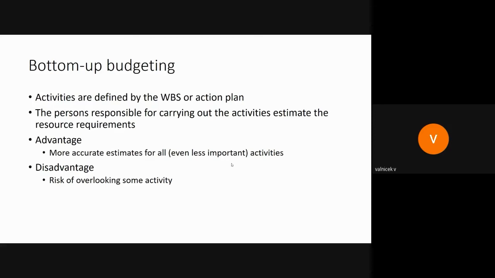But as I said before, we are multiplying our estimation by 1.5 or 2, and then our estimations are right, and we carry out the projects without problems, even with the overlooked activities.